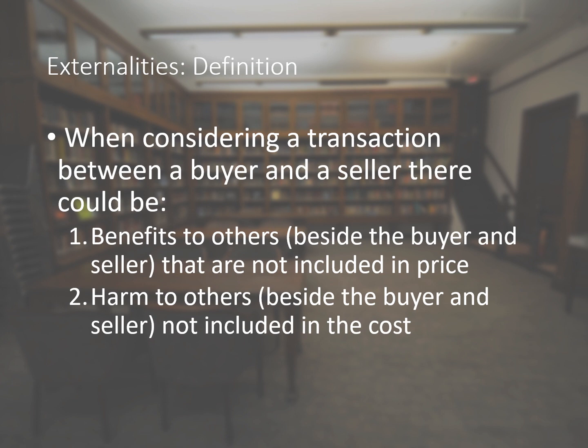With positive externalities, the first scenario, the problem is that the market may underproduce. Or if there are negative externalities, the market may overproduce. Two problems, and we'll talk about some potential solutions.